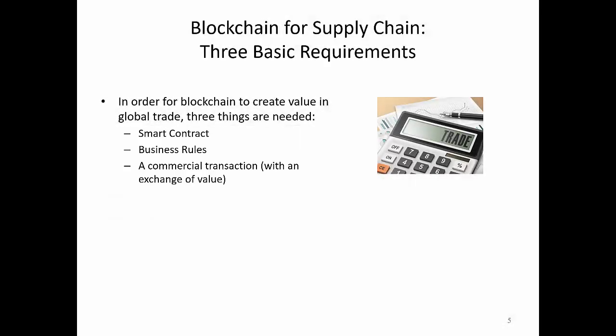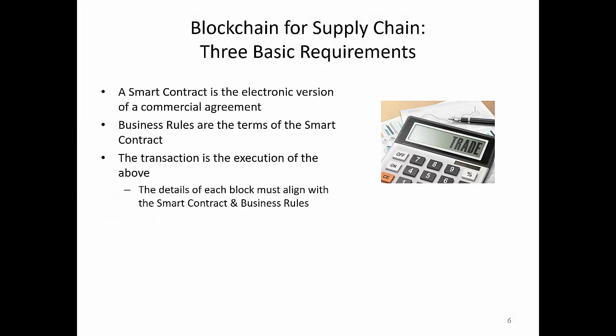Let's dig a little bit deeper into this storyline. A smart contract is terminology exclusive to blockchain, and really what it is simply the electronic version of a commercial agreement. But a smart contract and the business rules or the terms of the smart contract both reside on the blockchain.